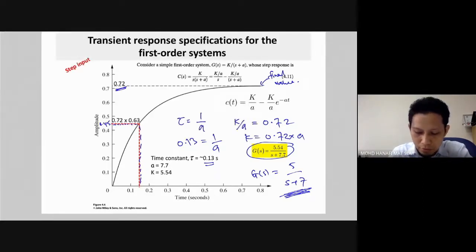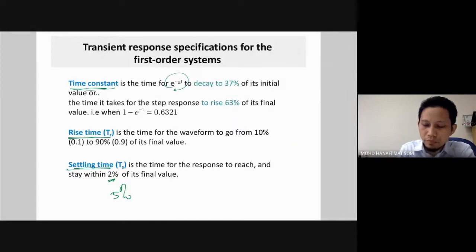Remember the definition: 63% of its final value, or 0.63 multiplied by its final value. So 0.63 is the number that you multiply by the final value to find the time constant.